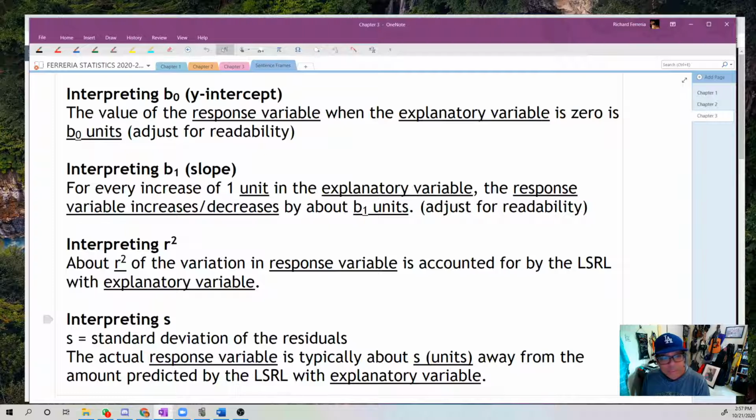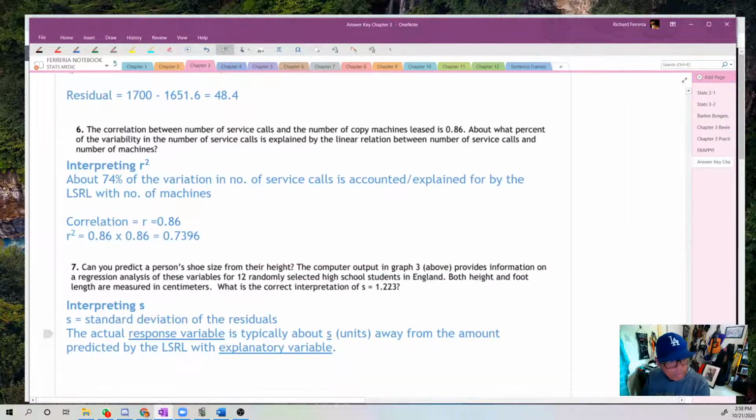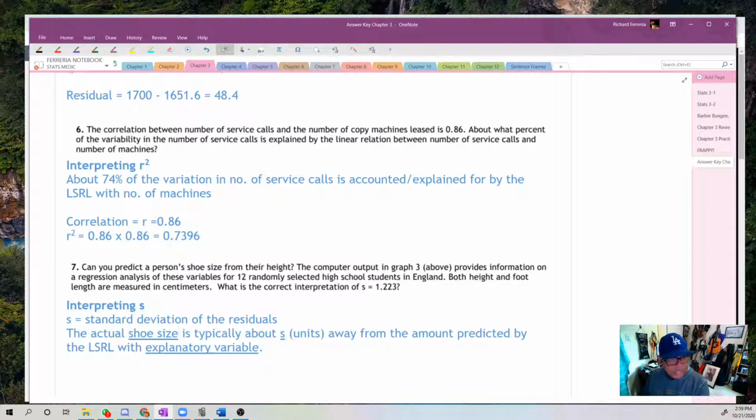An actual response variable is typically about S units away from the amount predicted by the least squares regression line with the explanatory variable. So we're going to copy that in here, and then we're going to fill in all the blanks. The response variable here is shoe size.